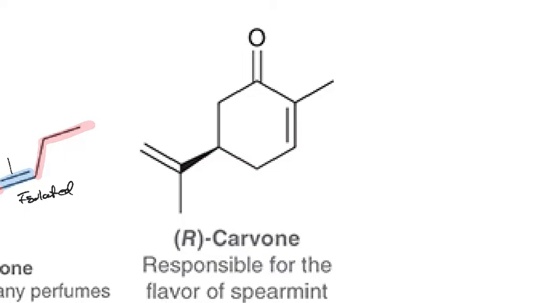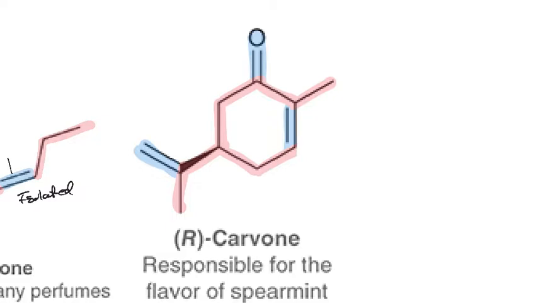And then finally in our carvone here, which is responsible for the flavor of spearmint, S-carvone, responsible for the odor of caraway seeds. We talked about that earlier in the first semester. Those are responsible for the flavor of rye bread, which is at least where I'm aware of it being mostly used for.